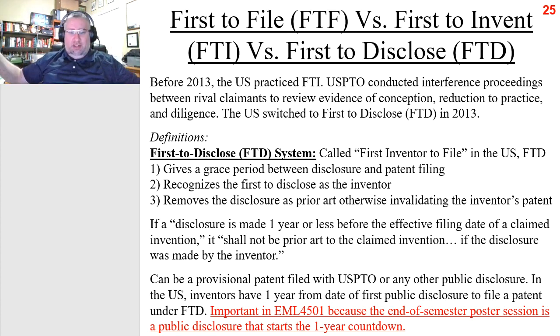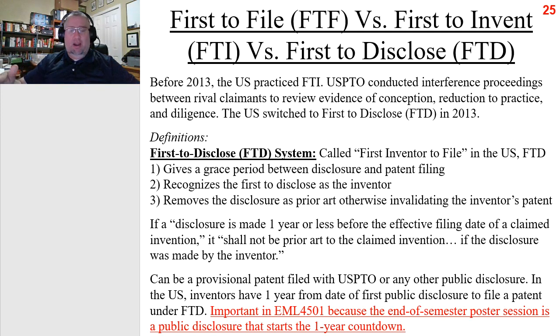So what is a first to disclose system? Well, a first to disclose system in the US is called first inventor to file. So you might see it referred to as FITF, but I like first to disclose because I think it's more clear. So there are three provisions here. First, FTD gives a grace period between the initial public disclosure and the patent filing.